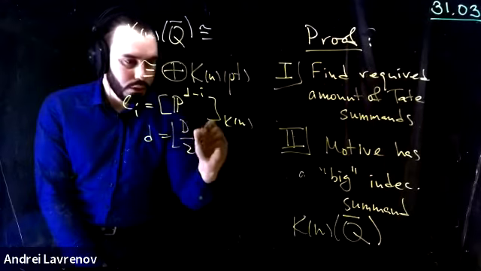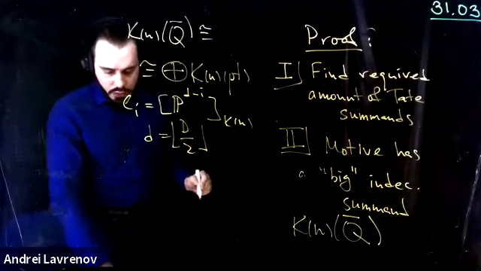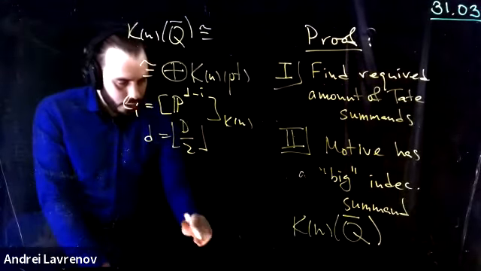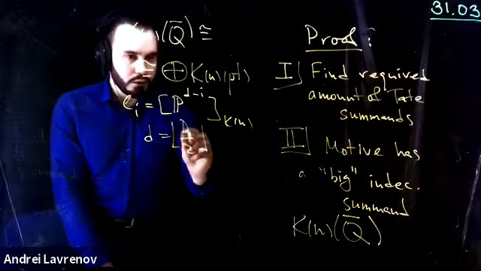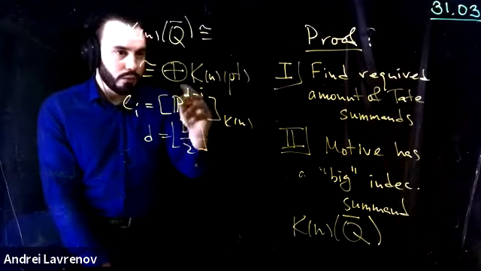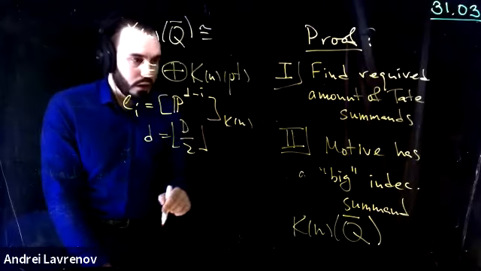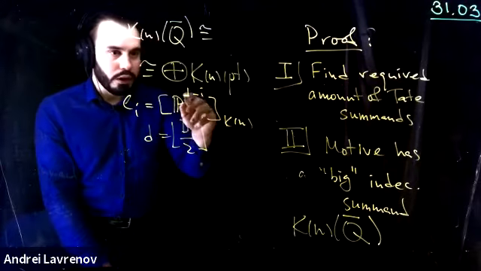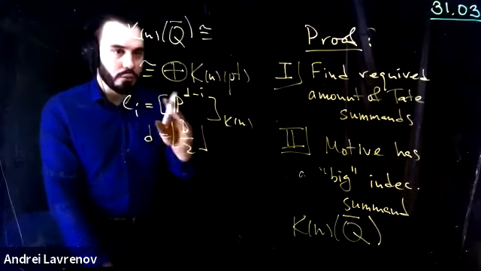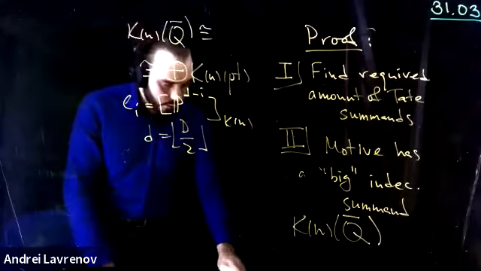So, I mean, push forwards of the identities of K_n of these rings under the push forward.